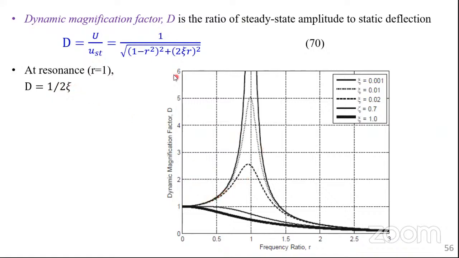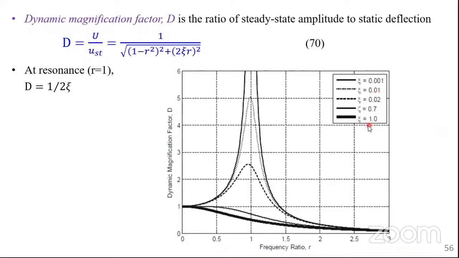And here in this graph, for different values of damping and frequency ratio, we are trying to show you how the amplitude will vary, how the D varies with the frequency ratios. So here we are relating three components: the D, R, and the xi.